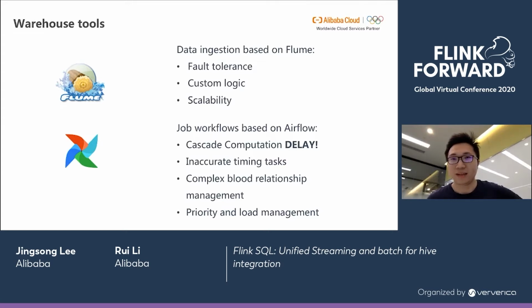In addition, cascaded computation will also bring complex blood relationship management problems. Batch computation of layered tasks may suddenly fill the cluster resources. Therefore, we are required to consider the load management, which will increase the burden on the business.